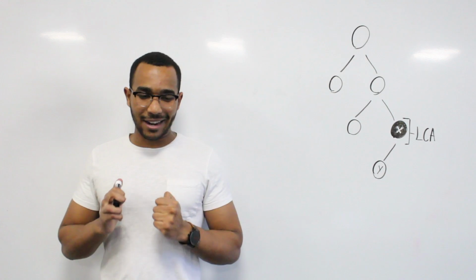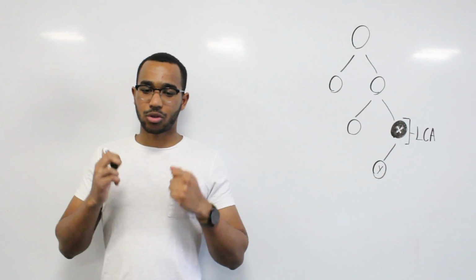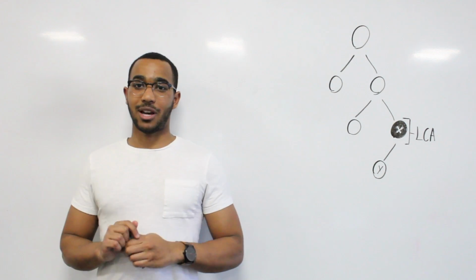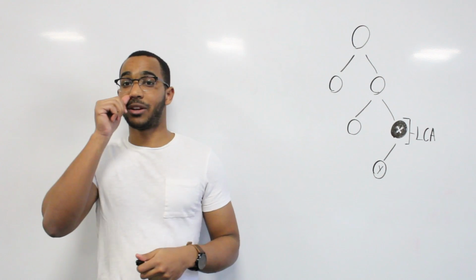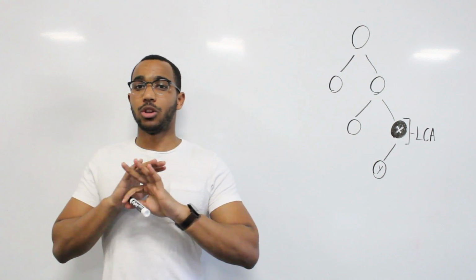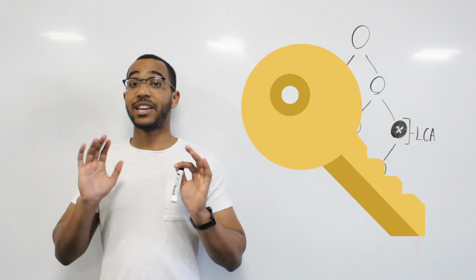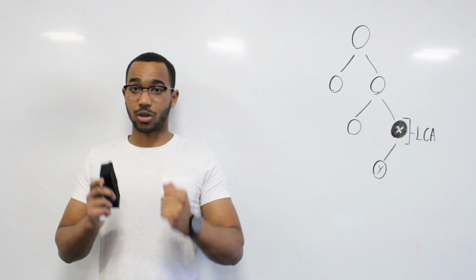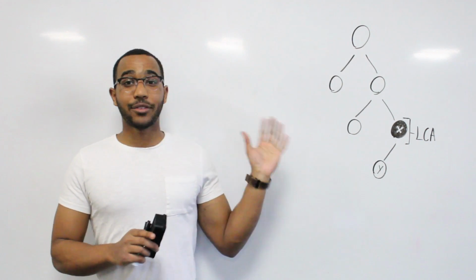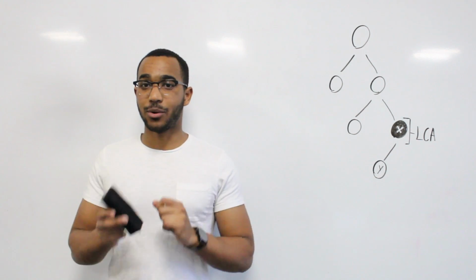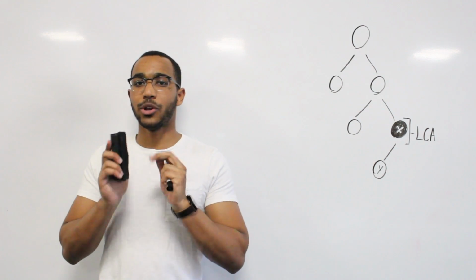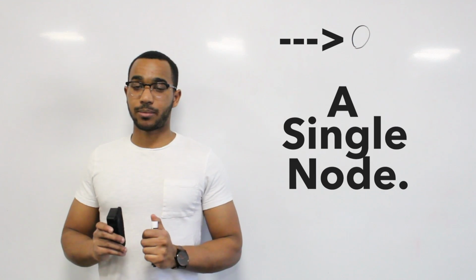And what we need to look at is something that I strongly believe will save you a lot of time when you're trying to figure out these recursive problems, trying to learn recursion in general. This is a key. Whenever I'm trying to solve a tree problem, I have a tree. What is my focus of the tree? And let me show you what you should focus on. A single node.